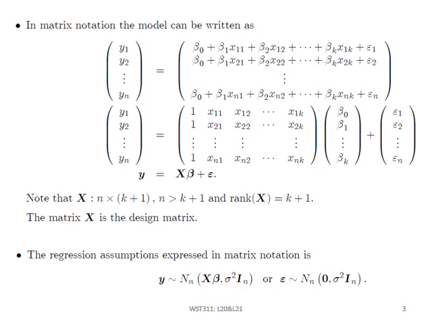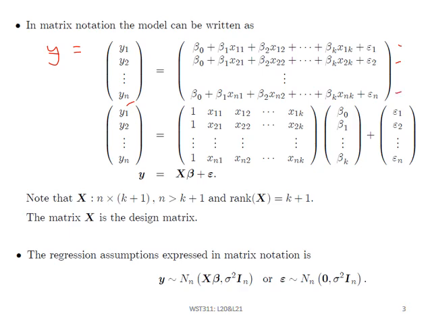We can write the multiple linear regression model in matrix notation. We have that the random vector y equals y1 all the way up to yn, the n observations from the previous slide. We can also write each observation in terms of the multiple regression model.